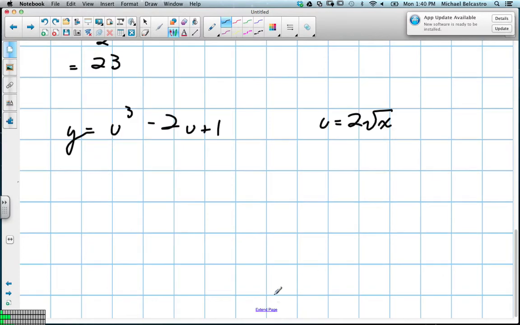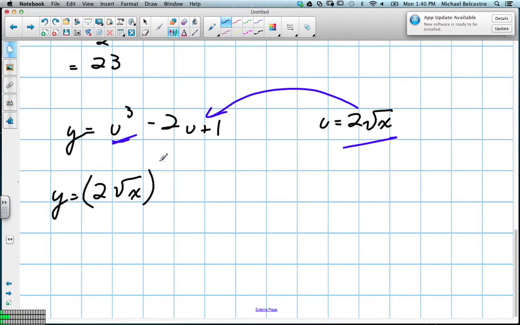So instead of doing it the way they laid out, where we had to learn a whole other formula, I can just plug this in for the value of u. So y is equal to 2 root x cubed minus 2 times 2 root x plus 1.